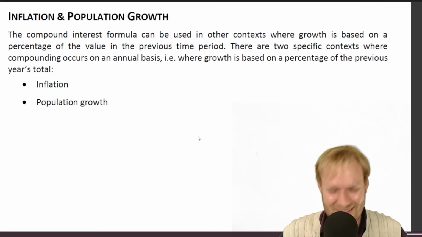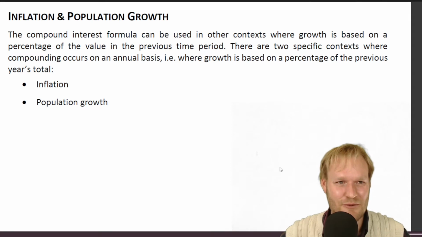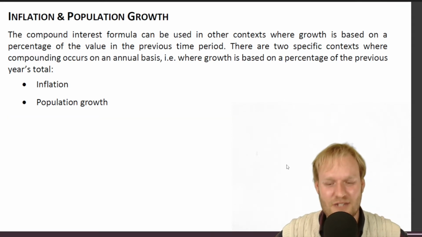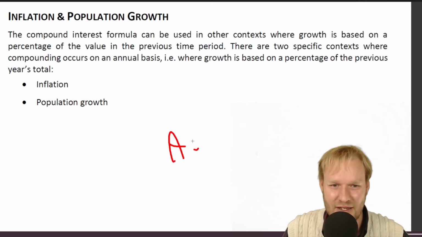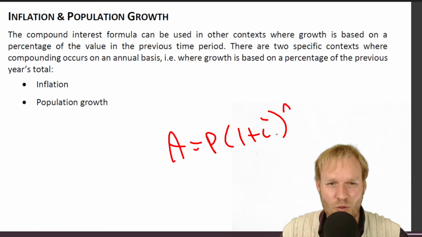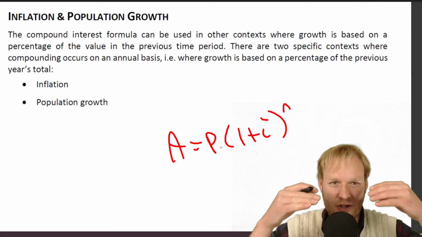Okay, so let's go into it here. The idea is that we can use the same formula we've been using, A equals P(1 plus i) to the n, whenever anything's growing and compounding.